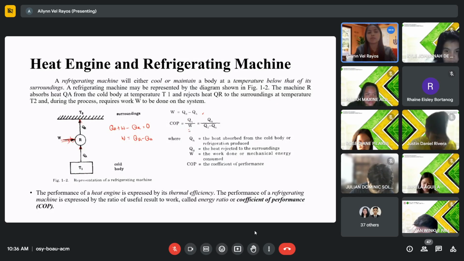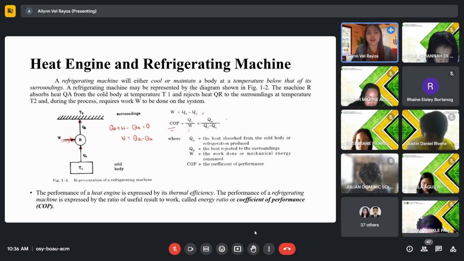Again, to know the performance, it is equivalent to the heat absorbed from the cold body divided by the work input to maintain the cold body at a temperature below that of the surrounding, or to maintain the cooling effect. Coefficient of performance ang tawag doon.